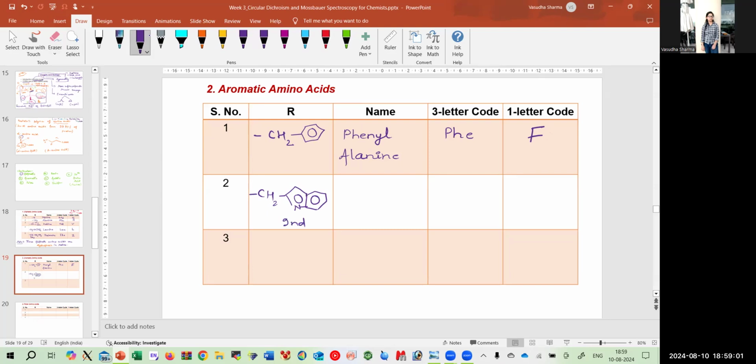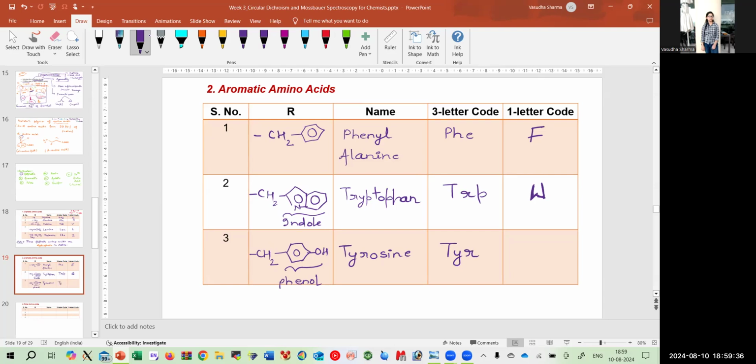This is your indole group, and this is called tryptophan, which has a three-letter code of TRP and a one-letter code of W. Now, the last one in the aromatic category is CH2 and a phenol group. This is called tyrosine, and the three-letter code is TYR and the one letter is Y.